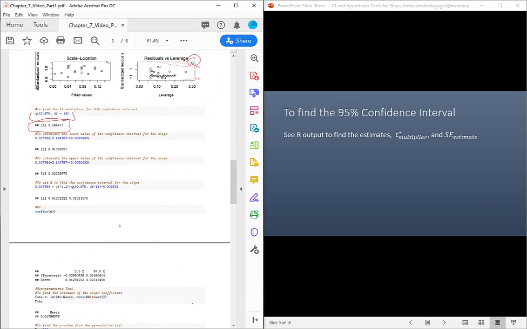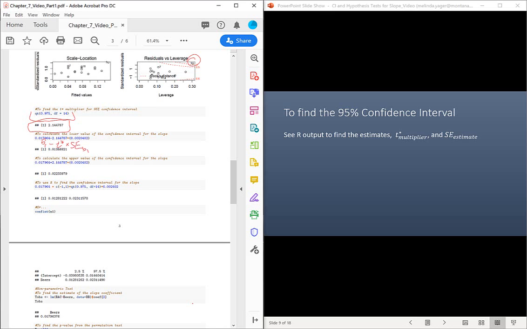We can use R as a calculator to find both endpoints of the 95% confidence interval. Here we have our value of slope minus our t-star times the standard error of the slope. And that gives us a value for our lower value of 0.136.